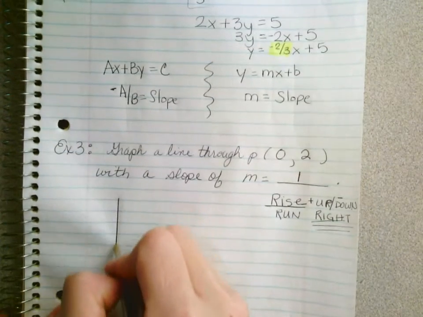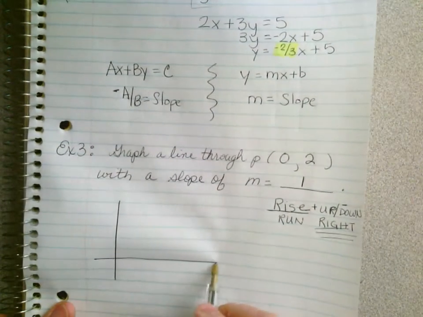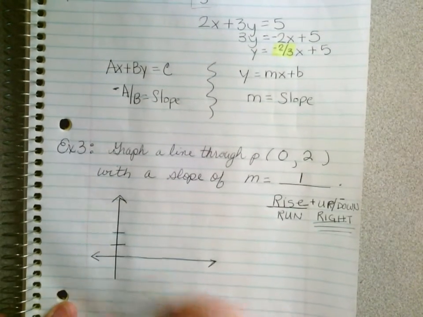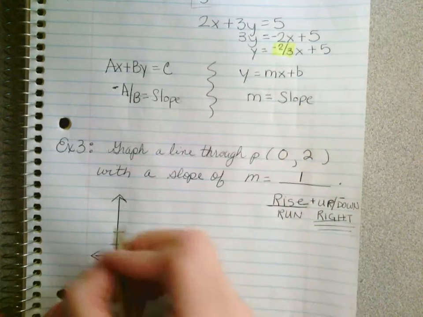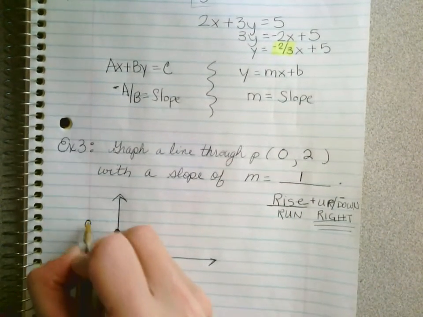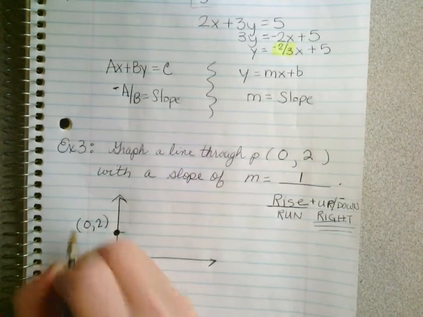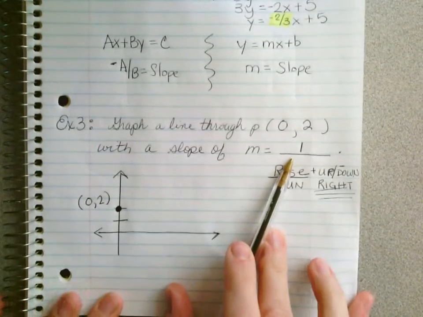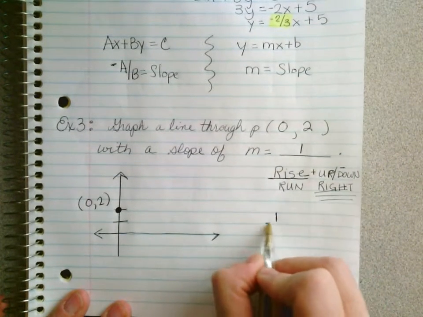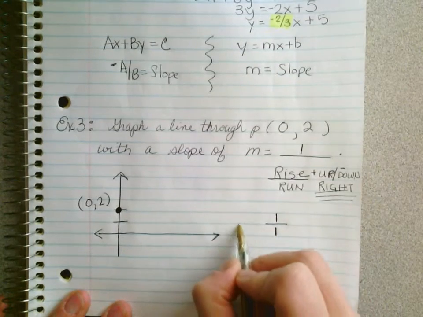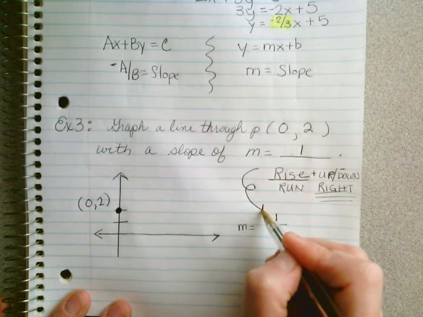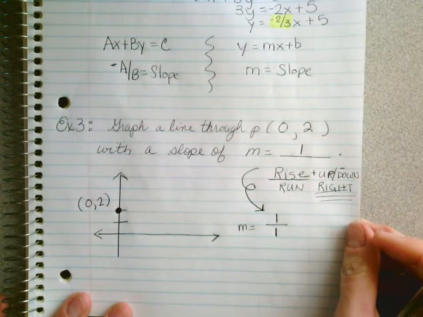So let's graph what I have for you. Over 0, up 2. So here's the point they've given me. 0, 2. If m is 1, that means you go up 1 for every right movement of 1. Okay, you take this and translate it into a fraction.